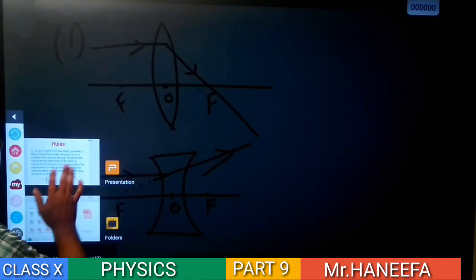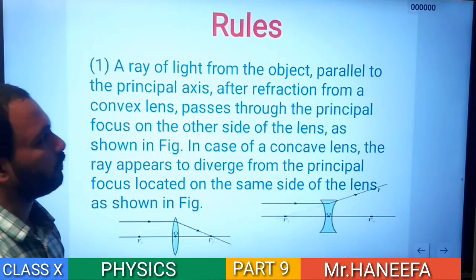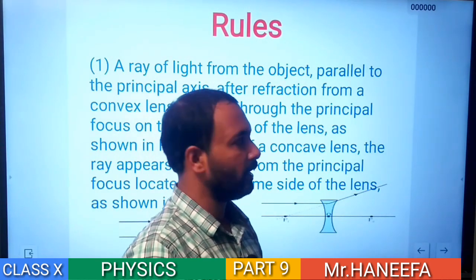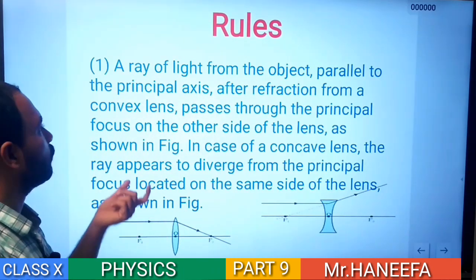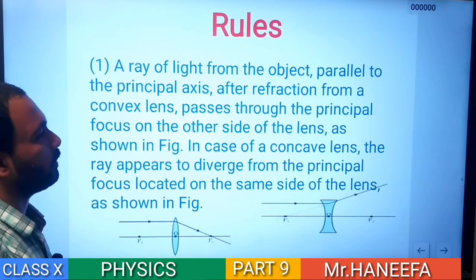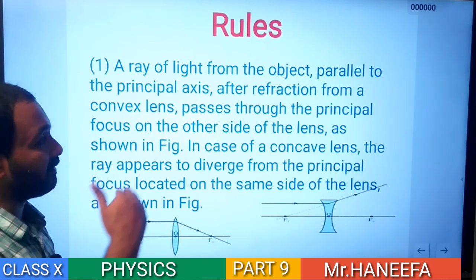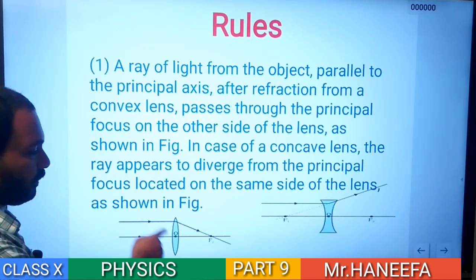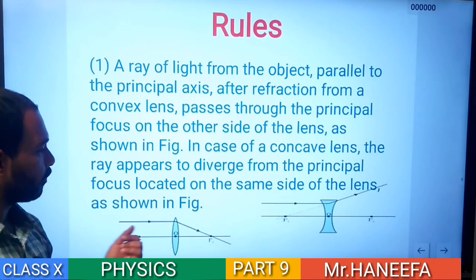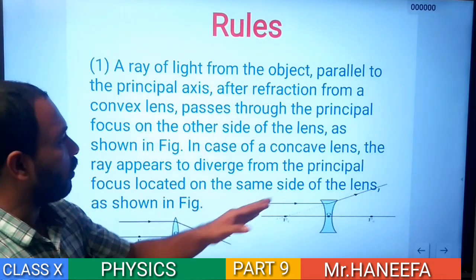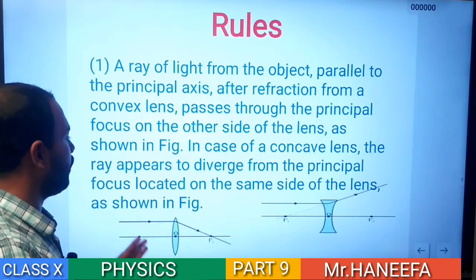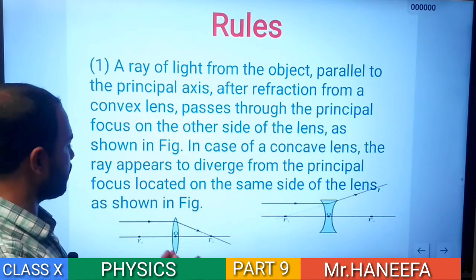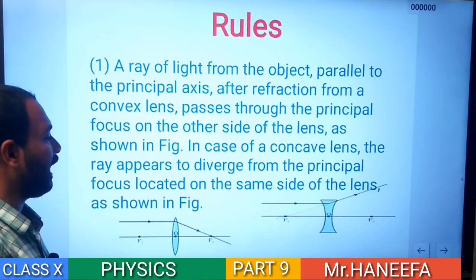So what is the first rule? A ray of light from the object parallel to the principal axis after refraction from a convex lens passes through the principal focus on the other side of the lens as shown in figure. In case of a concave lens, the ray appears to diverge from the principal focus located on the same side of the lens as shown in figure.